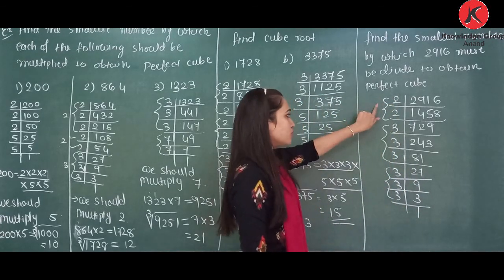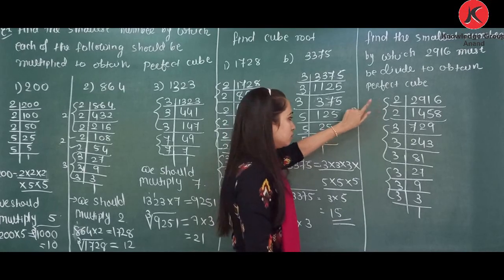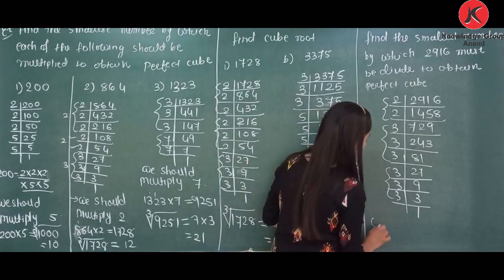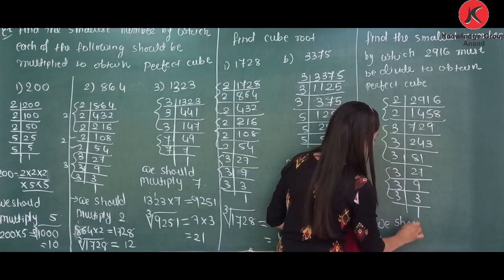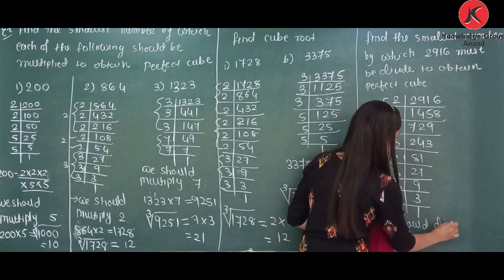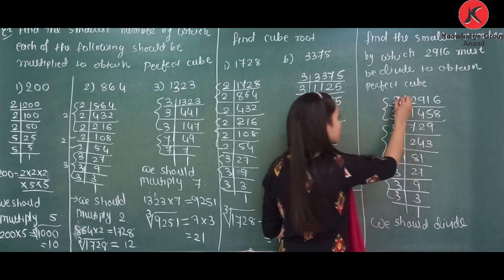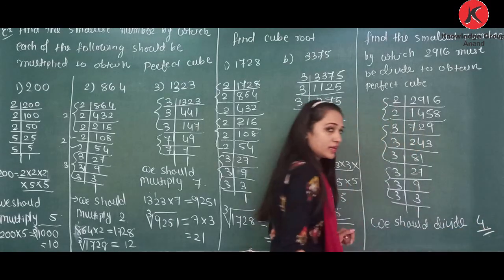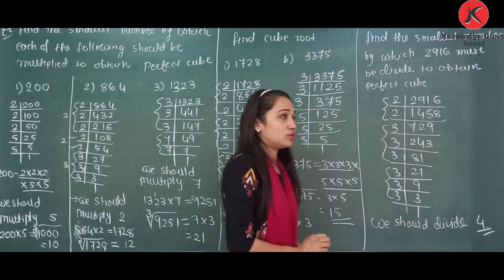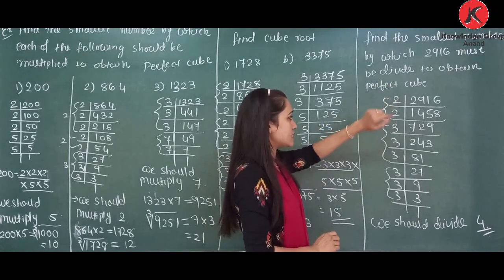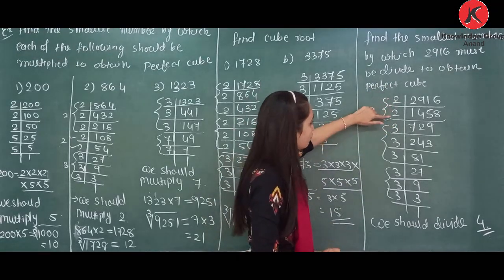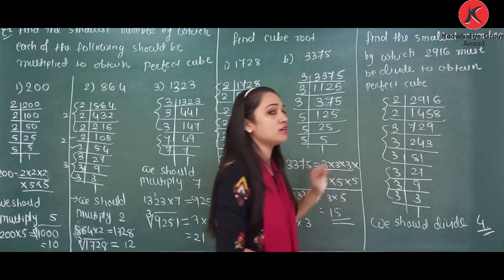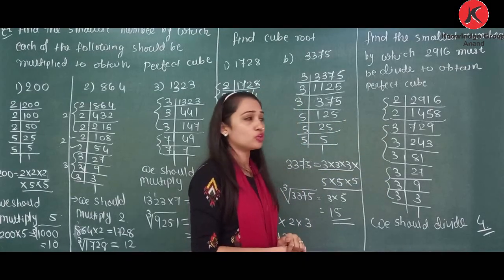Now you can see 2 is not in a group of 3. We should divide by both of these numbers, that is, we should divide it by 4. Clear? 2 multiply 2 is 4. If we divide 2916 by 4, then these two factors will be cancelled out, so the remaining factors give a perfect cube number.